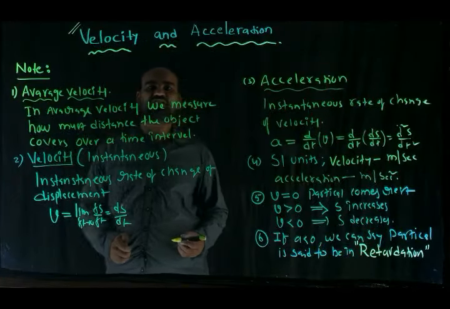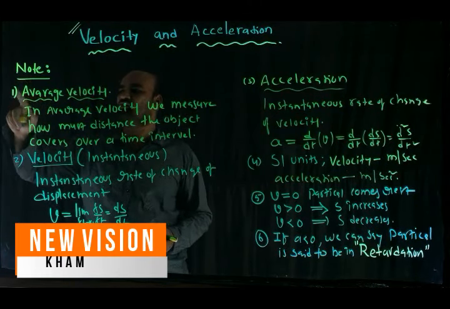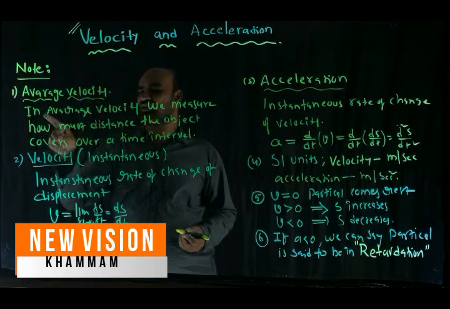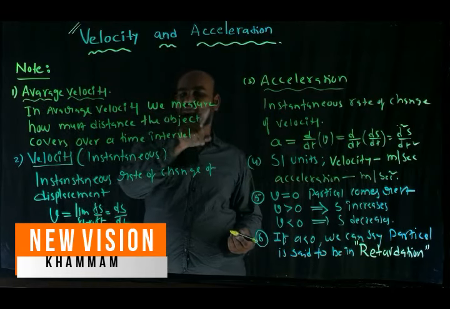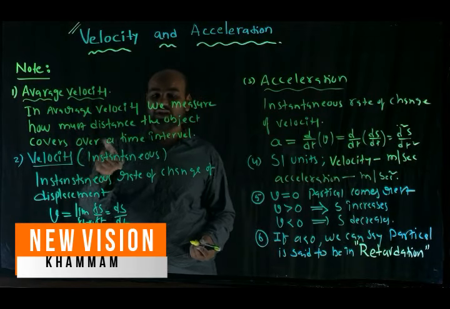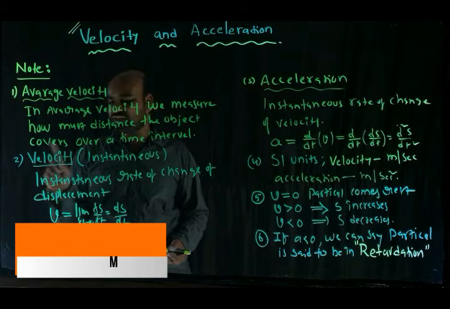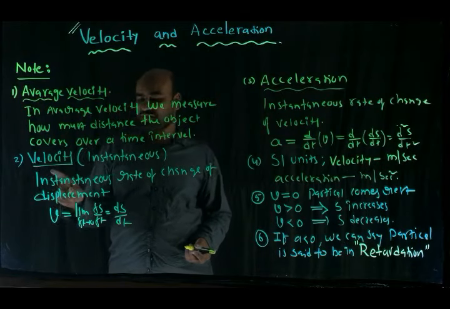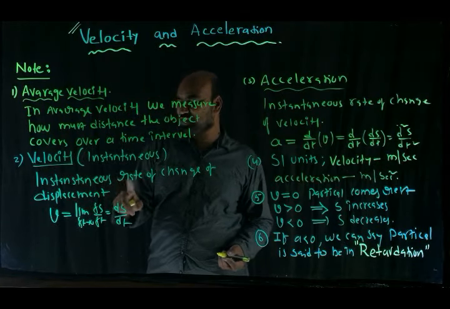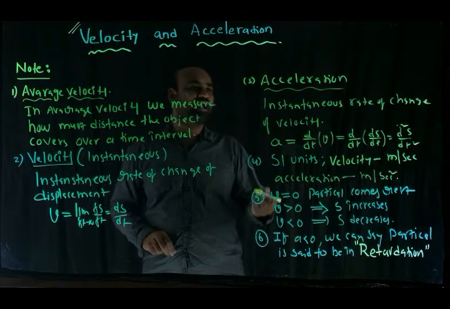Okay students, from our previous explanation, we concluded something. One, average velocity: in average velocity, we measure how much distance the object covers over a time interval. Instantaneous velocity: instantaneous rate of change of displacement is called velocity, v equal to ds by dt.